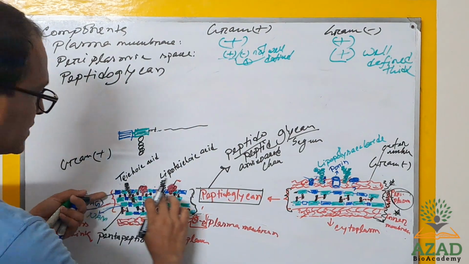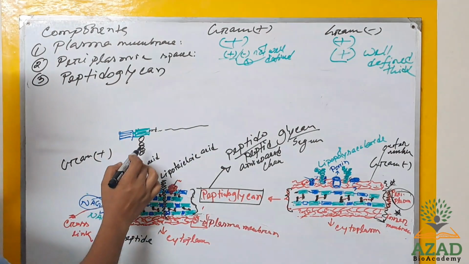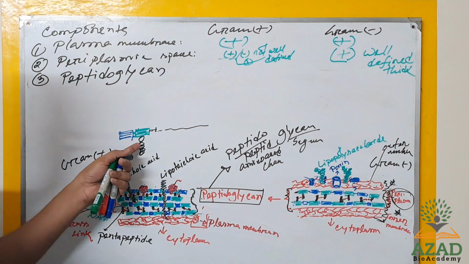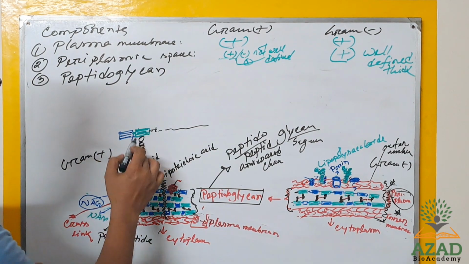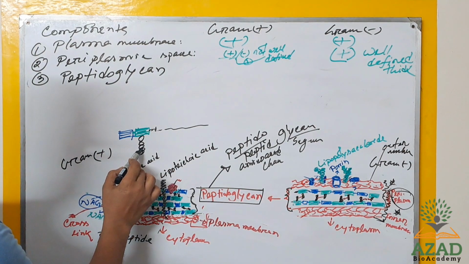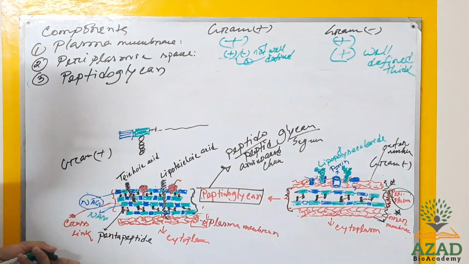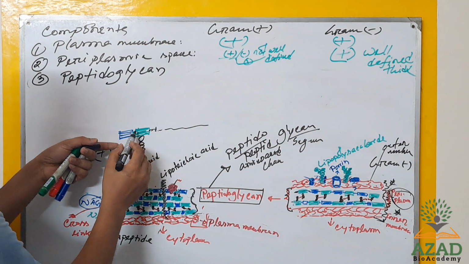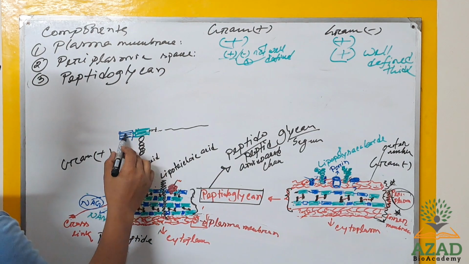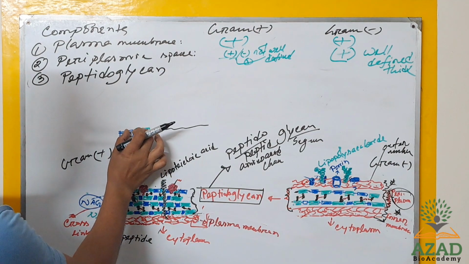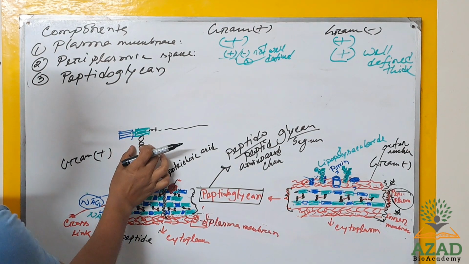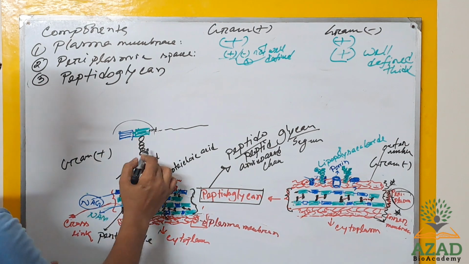This is the sugar skeleton chain, and this is the pentapeptide. So peptidoglycan is peptide and glycan, and the peptidoglycan monomer, NAM-NAG with the pentapeptide, is the basic unit.